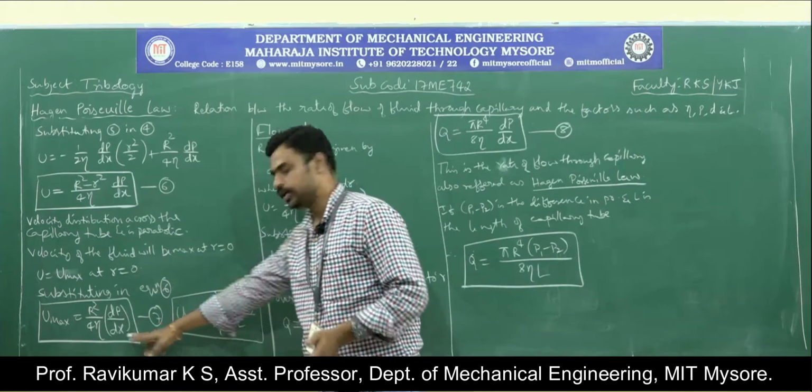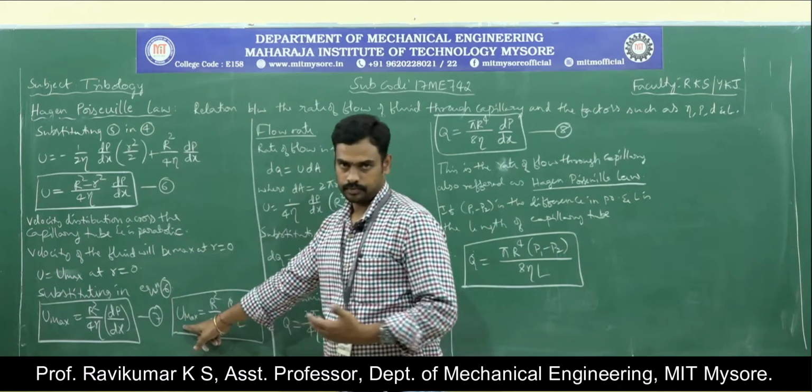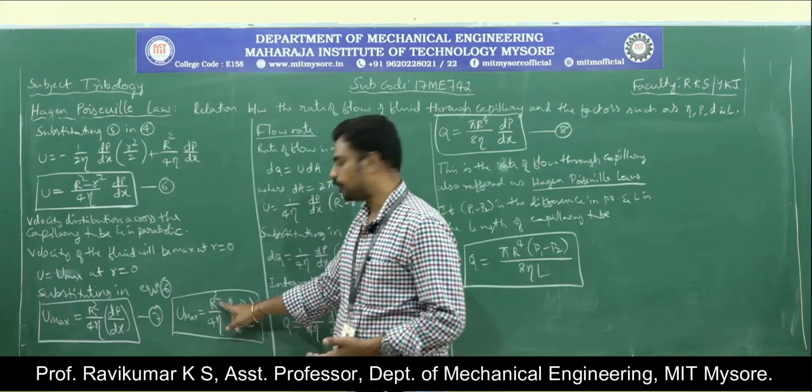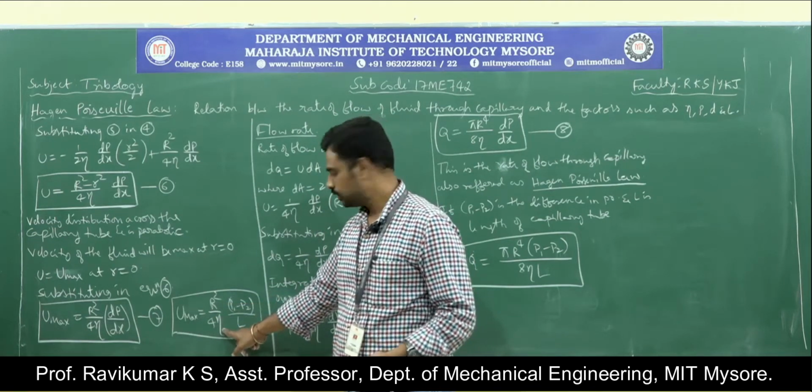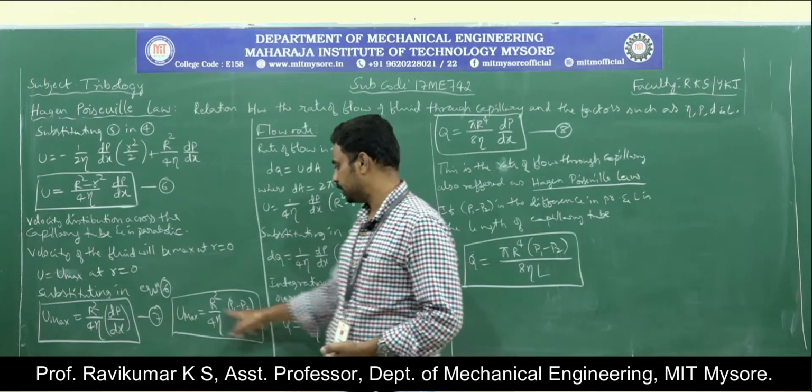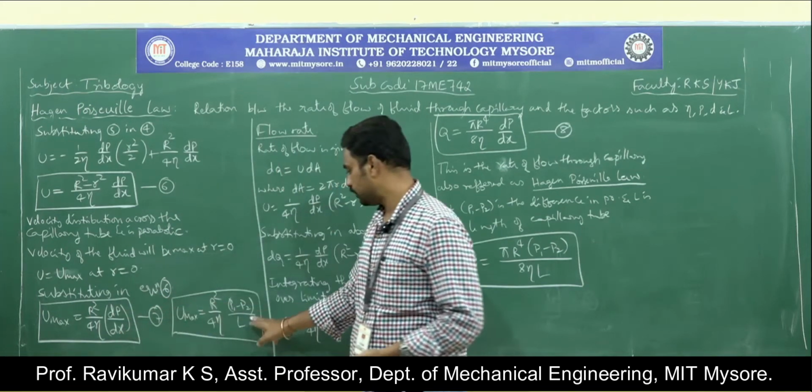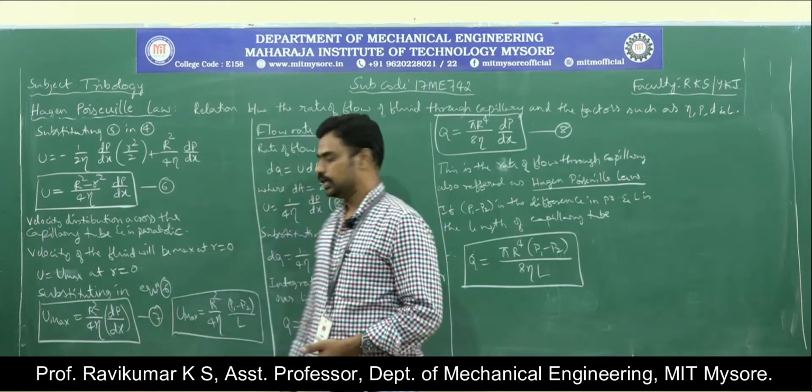Then this equation reduces to u max, the maximum velocity, equal to capital R square divided by 4 eta multiplied by p1 minus p2, that is dp, divided by L, that is dx.